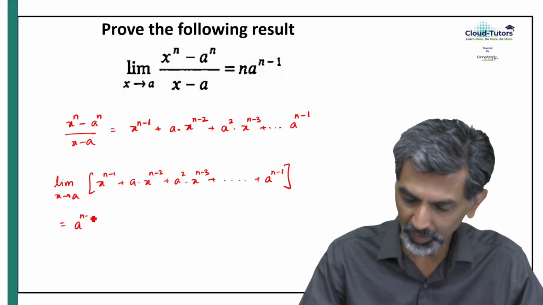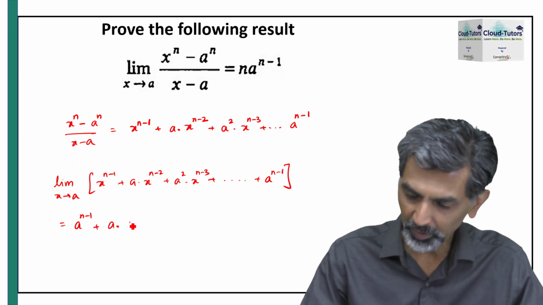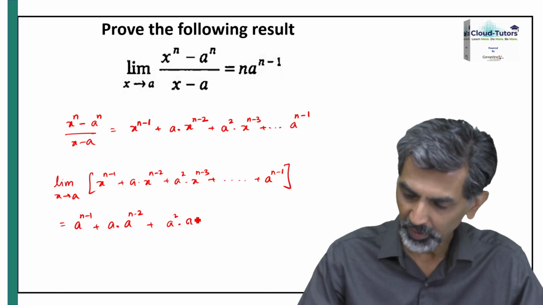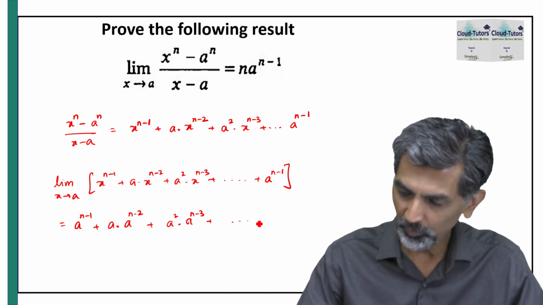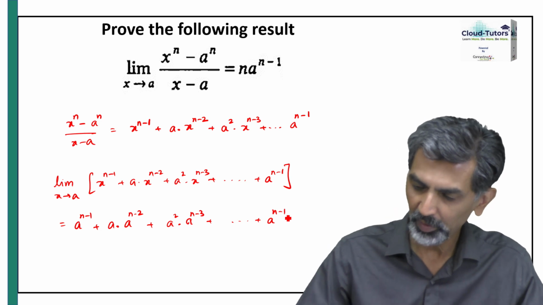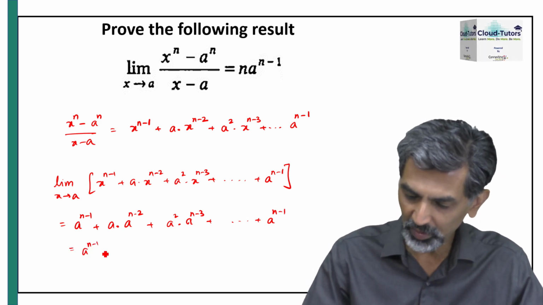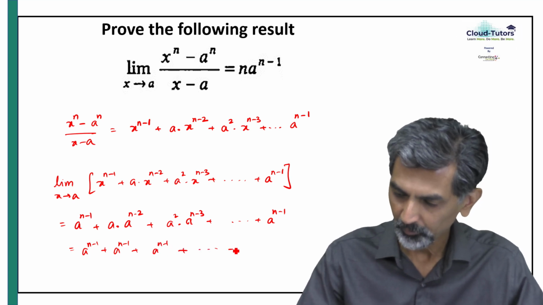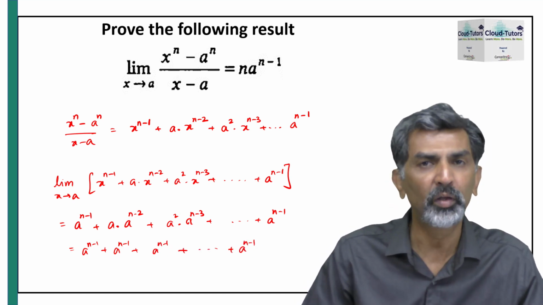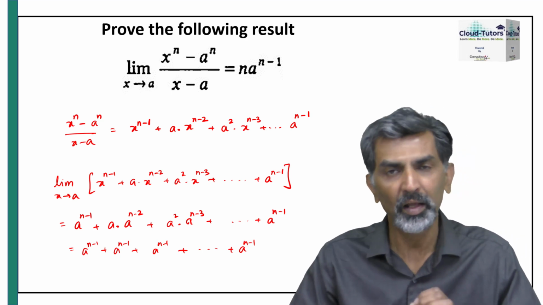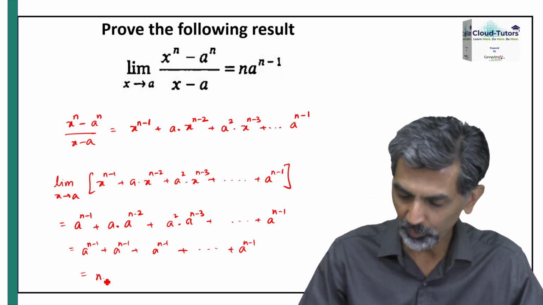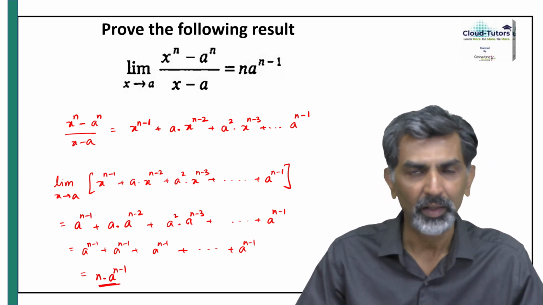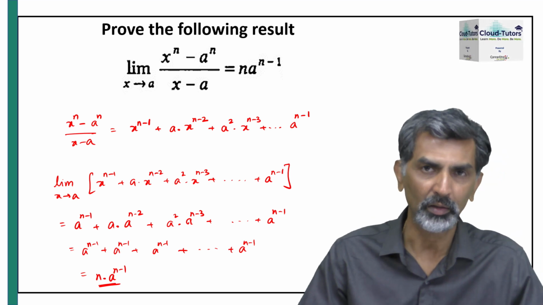You get a to the power of n minus 1, plus a multiplied by a to the power of n minus 2, plus a square multiplied by a to the power of n minus 3, all the way up to a to the power of n minus 1. Now you realize each of these is a to the power of n minus 1. So how many such terms are there? I told you there are n terms. So this really is n multiplied by a to the power of n minus 1. That's the result.